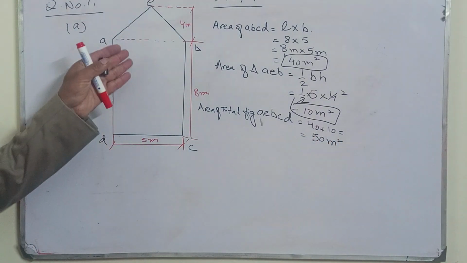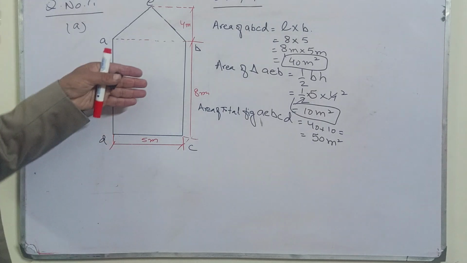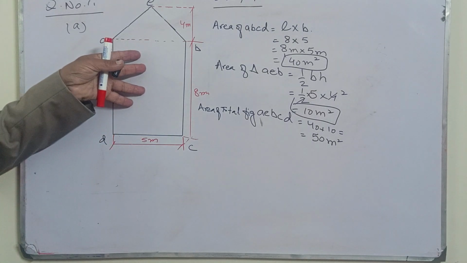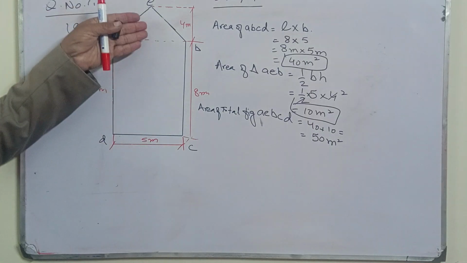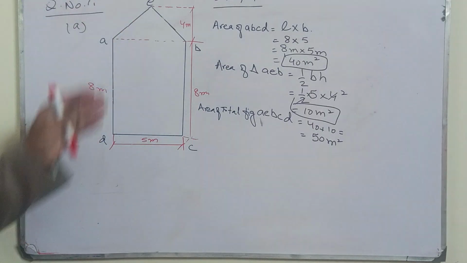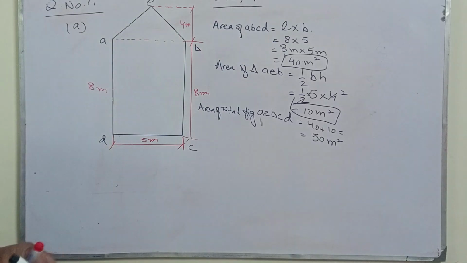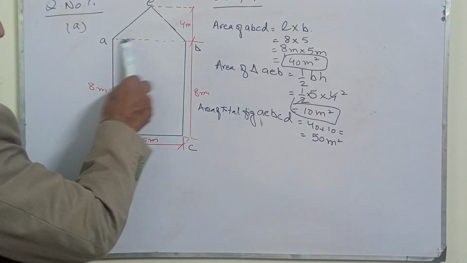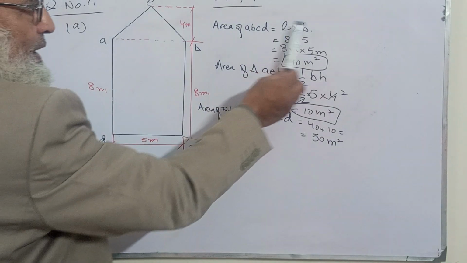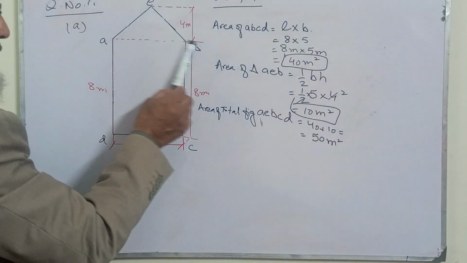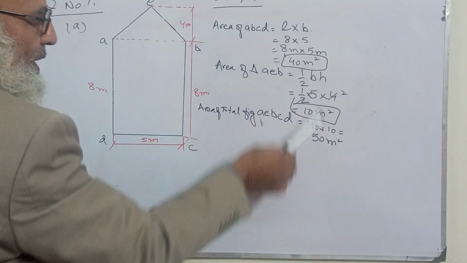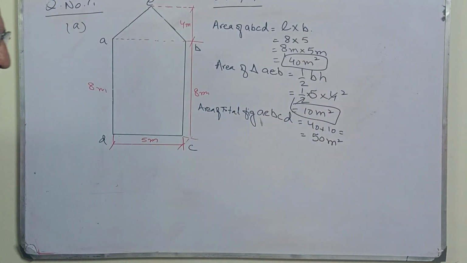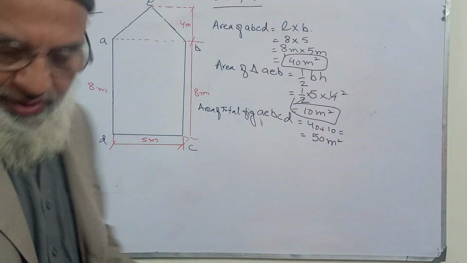So you see how we divided this figure into two subsequent figures. Number one was rectangle and number two was triangle. We know the area of rectangle, that is length into breadth. We know the area of triangle, which is half base into height. So we have got this answer, which is equal to 50 meters square.